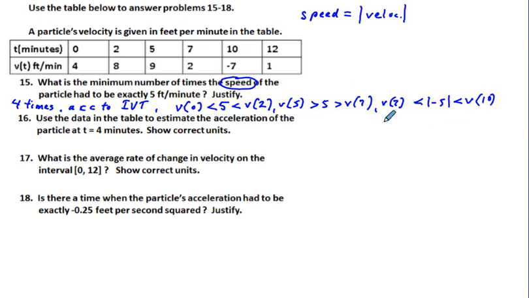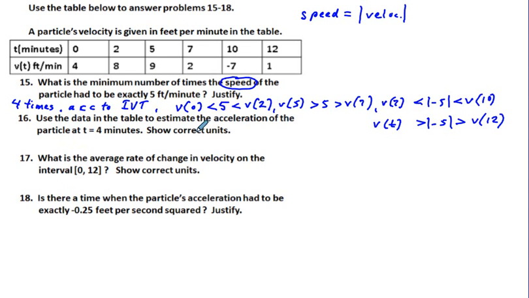And finally, the absolute value of -5 is going to be less than v of 10, but greater than v of 12. So that's how we would get that. Actually, we can make this absolute value too. You can see what we're doing here. Okay.